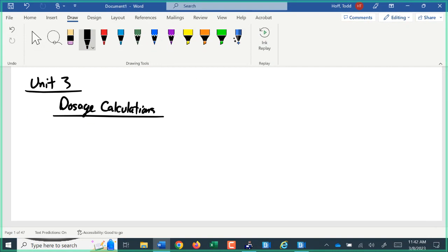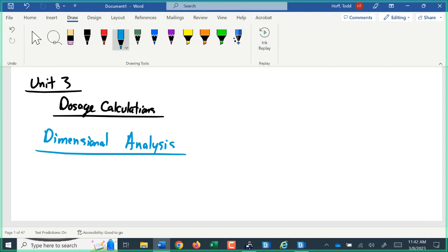So some of the basic concepts that we have studied so far that are going to be used in this unit, one of the big ones is dimensional analysis. And dimensional analysis was what we used for measurement conversions.